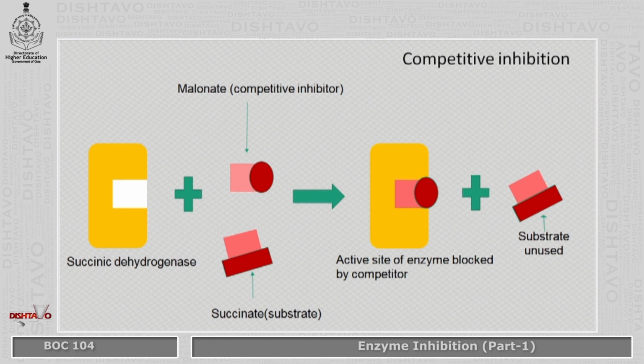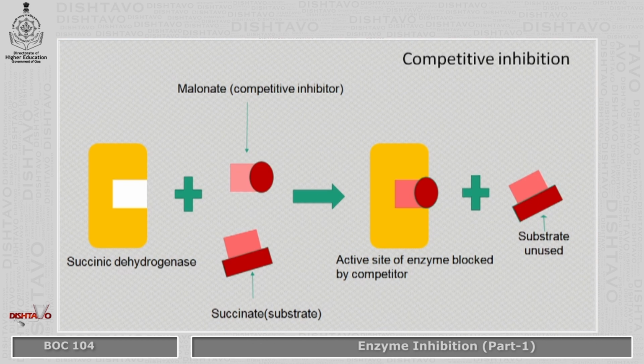If the inhibitor succeeds, it will bind to the active site and it will block the active site. As a result, the substrate no longer binds to the active site. It does not get a place to bind to the active site and thus the substrate remains unused. And so we say that the inhibitor has inhibited the enzyme activity.